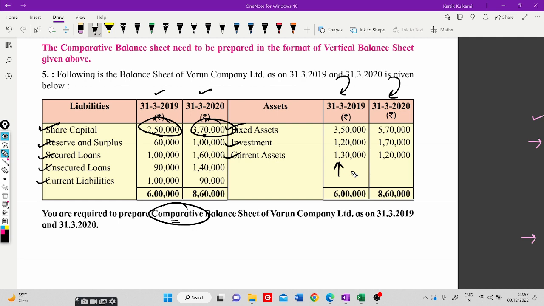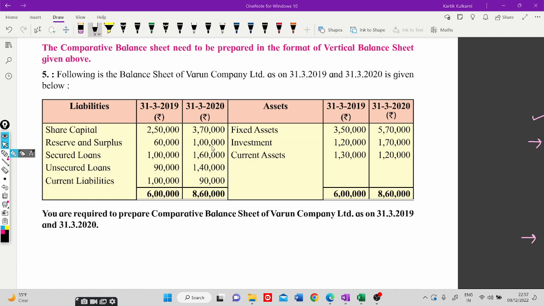So now we have to first write down this balance sheet from horizontal form as given in the question to the vertical form and find out the changes in the individual components or items of the balance sheet and express them as percentage.